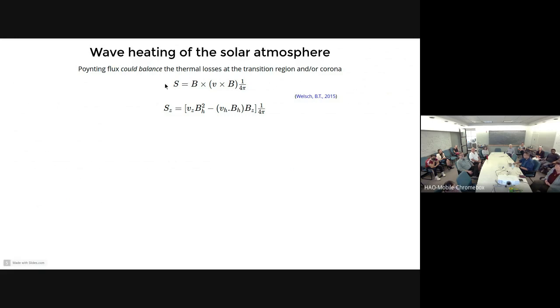So here is a very basic equation for the Poynting flux associated with the magnetic energy, which can be expressed in terms of B cross E. E is here again a cross product of the velocity and the magnetic field. The vertical component of this magnetic energy Poynting vector has two terms. Here the subscripts Z and H denote the vertical component and the horizontal component.